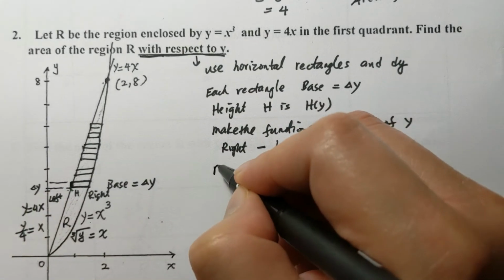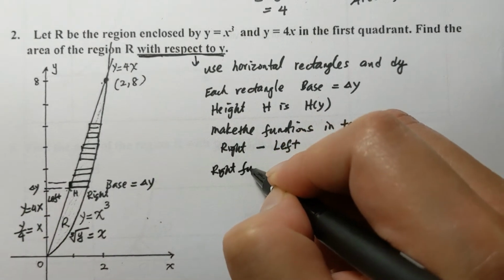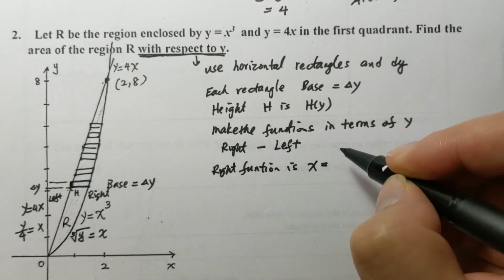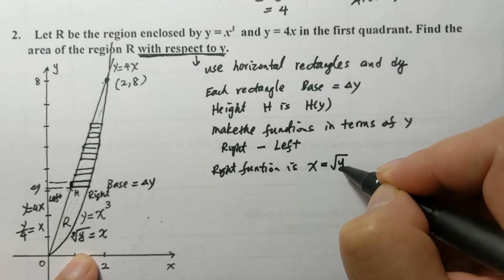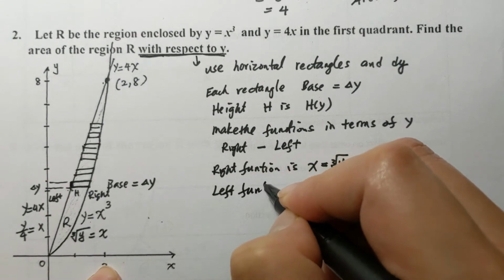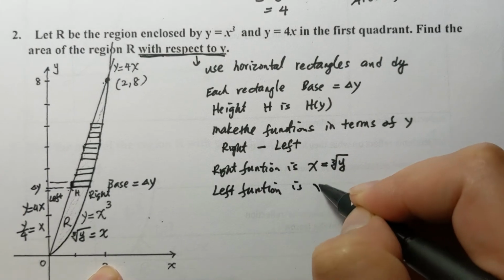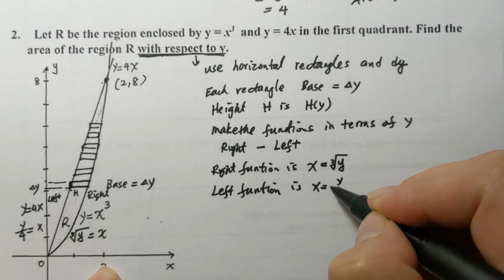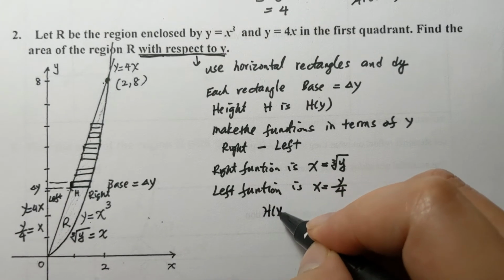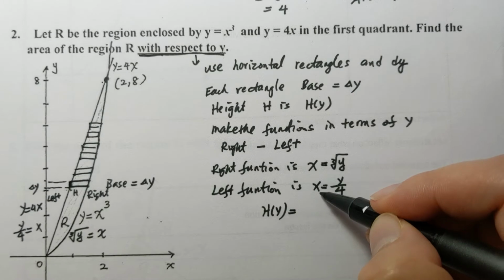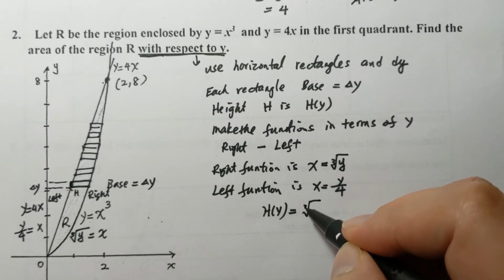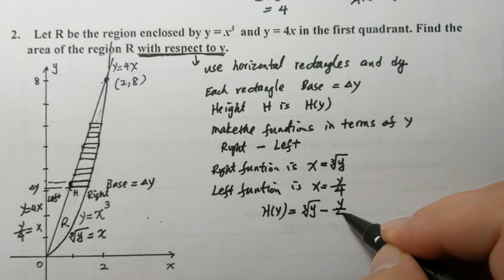So my right function is x equals the cube root of y, and my left function is x equals y over 4. And then you have to find h of y. Right function minus left function is subtract, so the x will be cancelled. So you get the cube root of y minus y over 4.